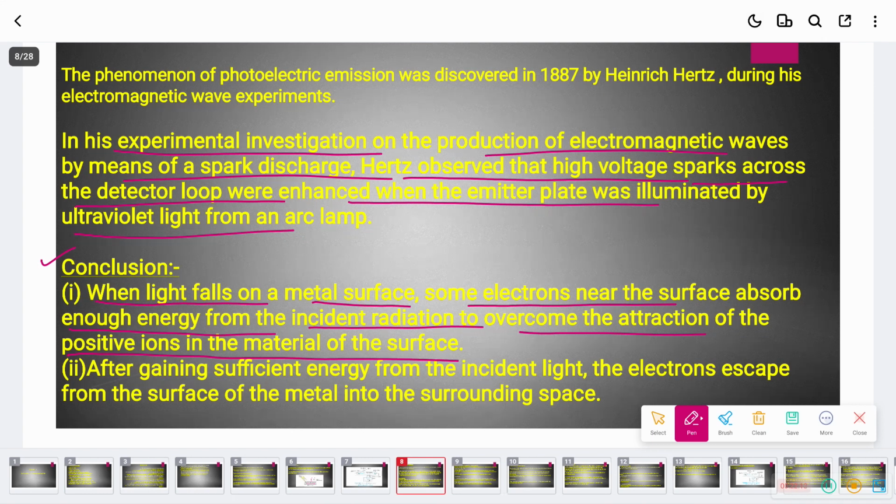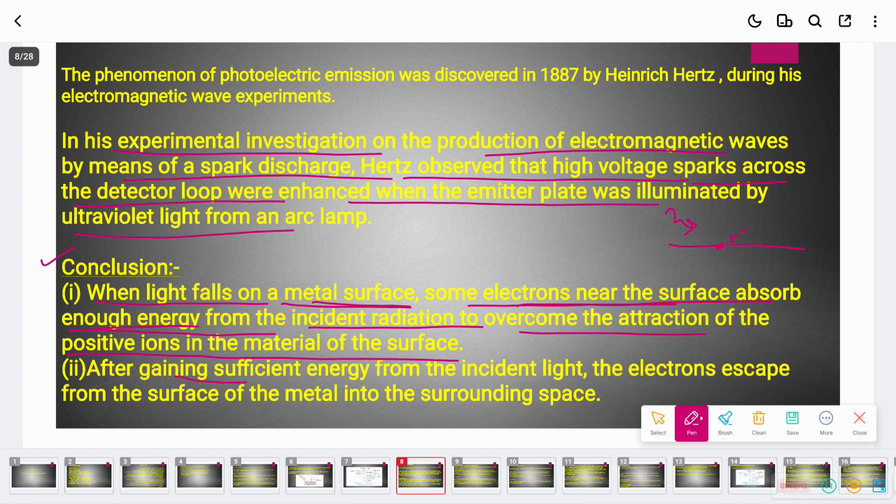Now conclusion. When light falls on a metal surface, some electrons near the surface absorb enough energy. So when light is falling on the surface, it will absorb more energy. In this metal, when light is coming, the electron is absorbing energy.